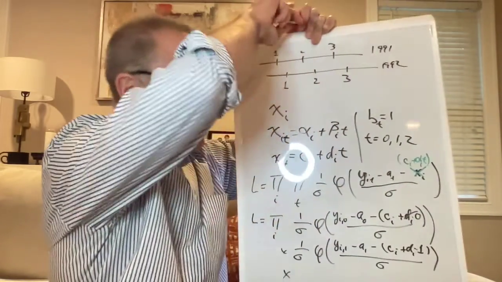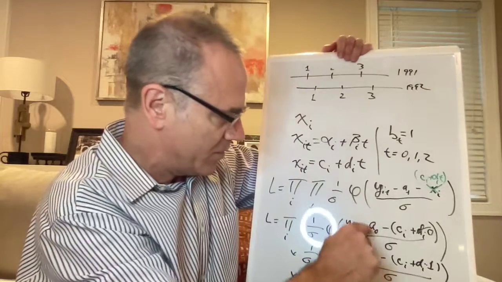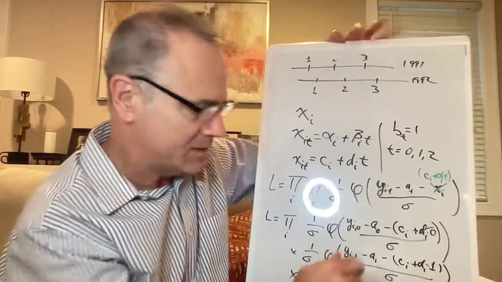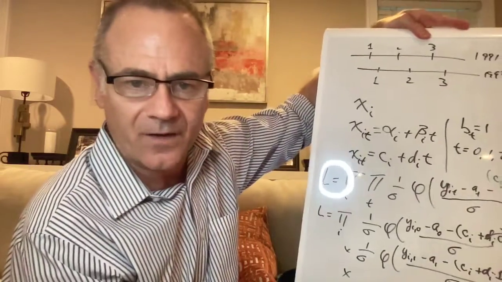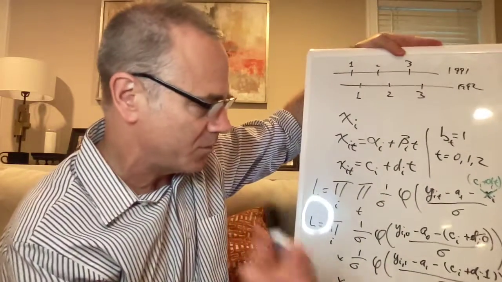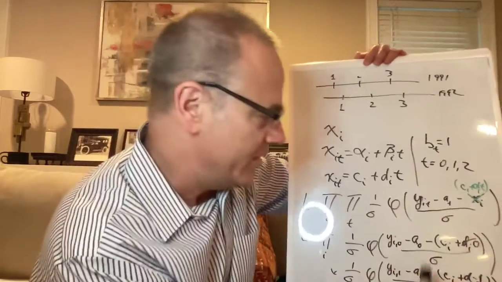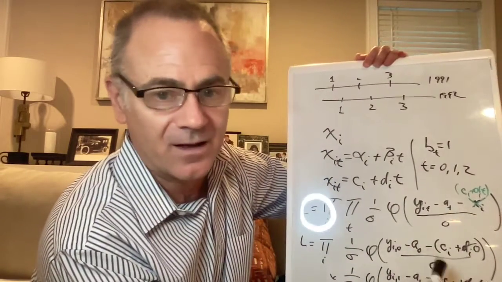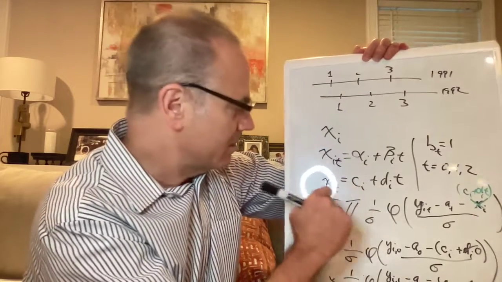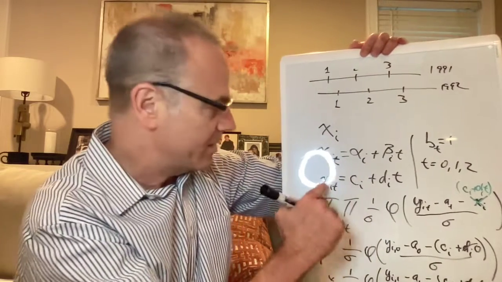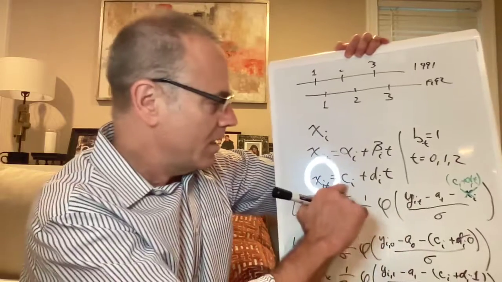I think I maybe even told you you can set one of the A's to 0. I can't remember if I said that. But what I want you to prove is that this form will not be identified. So you can't generalize this and make XIT very general.